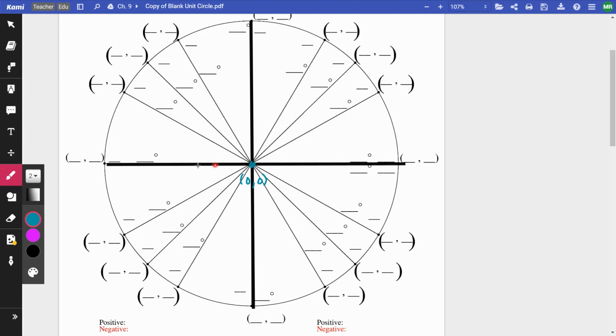Over here on this side, again, this is also 1. This is going to be negative 1, 0. Going straight up, this also is a radius of 1. This is going to be 0, 1. And going down, this again is a radius of 1. So this is going to be 0, negative 1. We're going to be filling in these coordinates dealing with the angles I was just discussing.